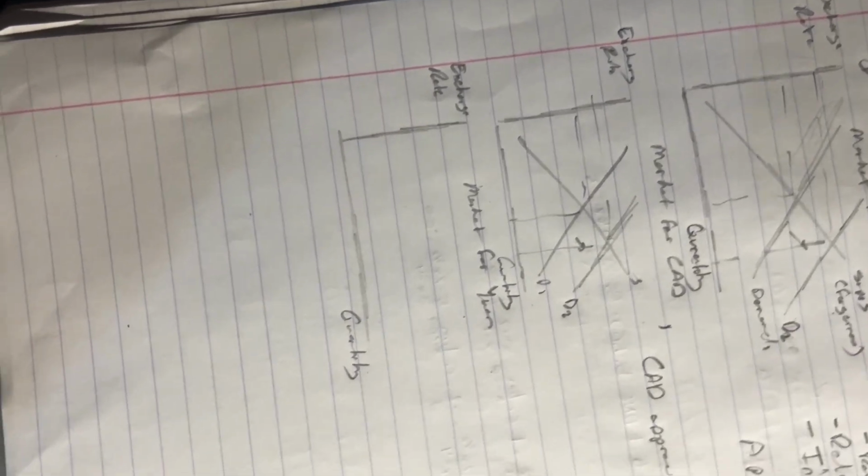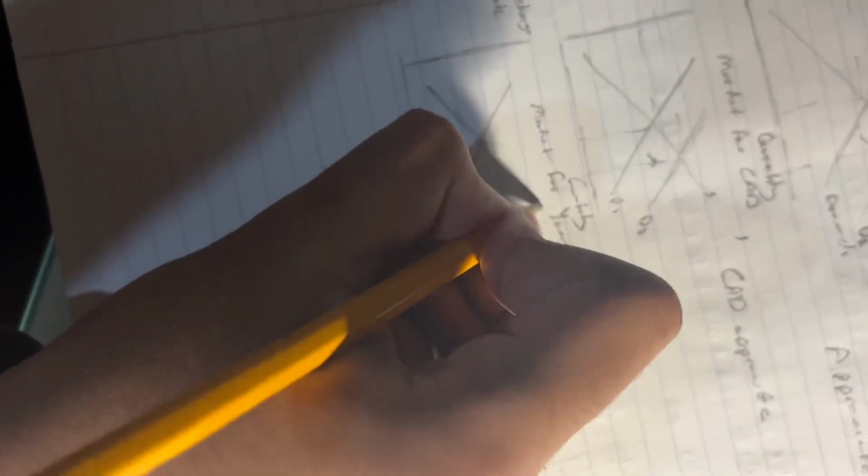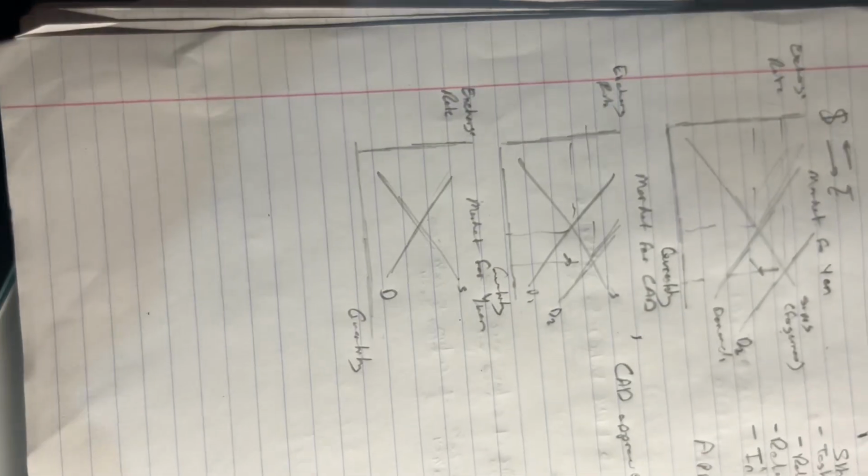So if the price levels in the US rise faster than China, US goods become relatively more expensive. So Americans and others will start buying cheaper Chinese goods.